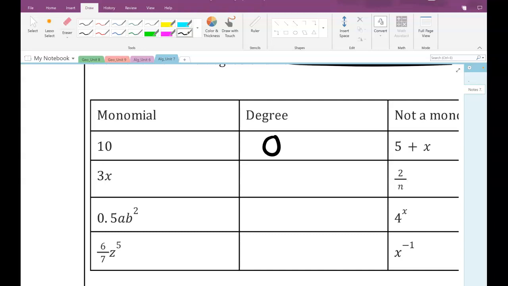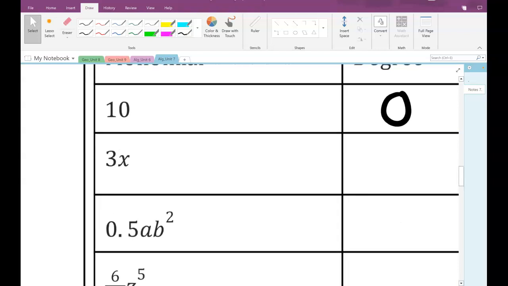If we look at 3x, we always have above our variables to the power of 1. If we take the sum of our exponents, this would be a first degree monomial, or we just call it degree 1. You'll hear me say both first degree or just degree 1. I like first degree better.